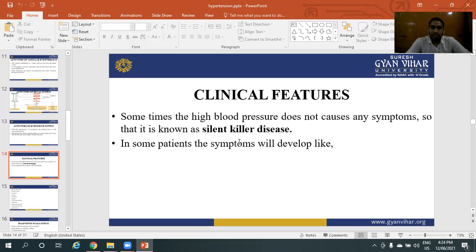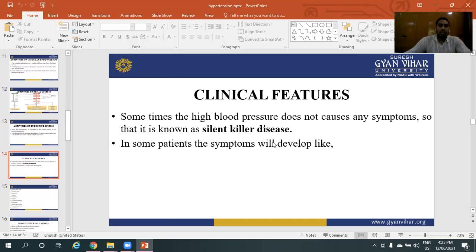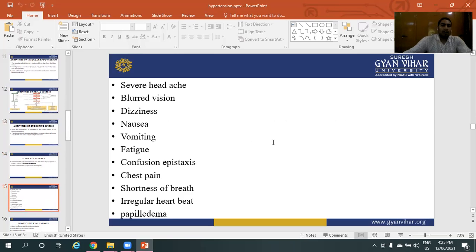In some patients, symptoms develop, like severe headache, blurred vision, dizziness, nausea, vomiting, fatigue, confusion, epistaxis, chest pain, shortness of breath, irregular heartbeat, and palpitations. These are the symptoms of high blood pressure.